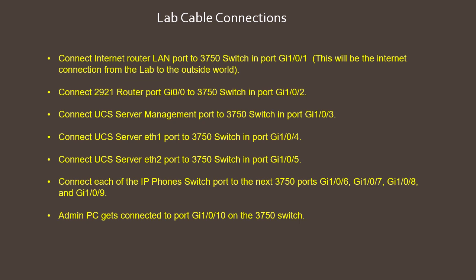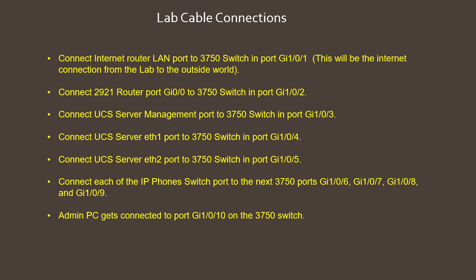We're going to then connect the UCS server management port to port 103 on the switch. Then we're going to connect Ethernet ports 1 and 2 to ports 104 and 105 on the switch.